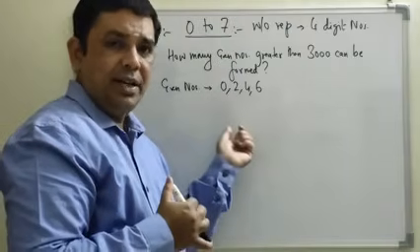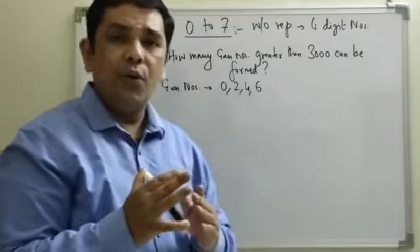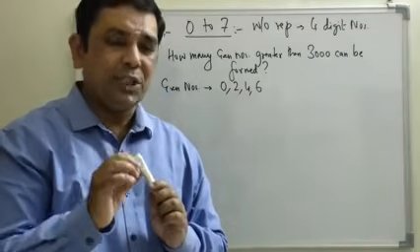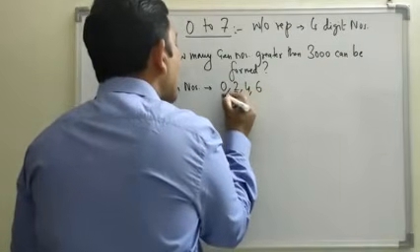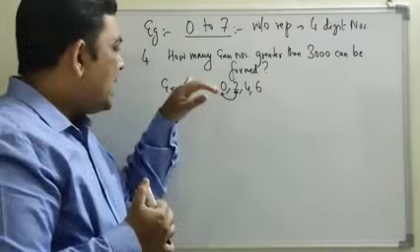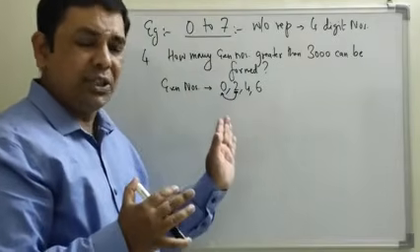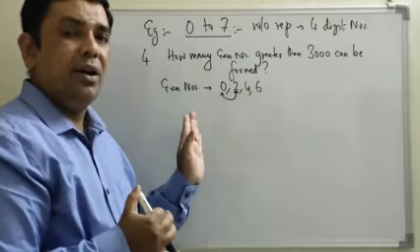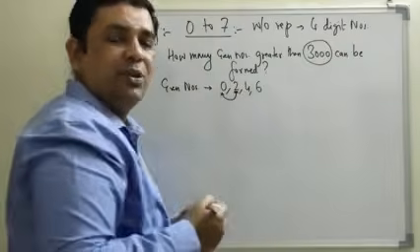In this question, the digit 2 is going to behave like 0. Why? Because like 0, 2 also in this question cannot be in the first place from the leftmost end. Why? Because the number to be formed is greater than 3000.